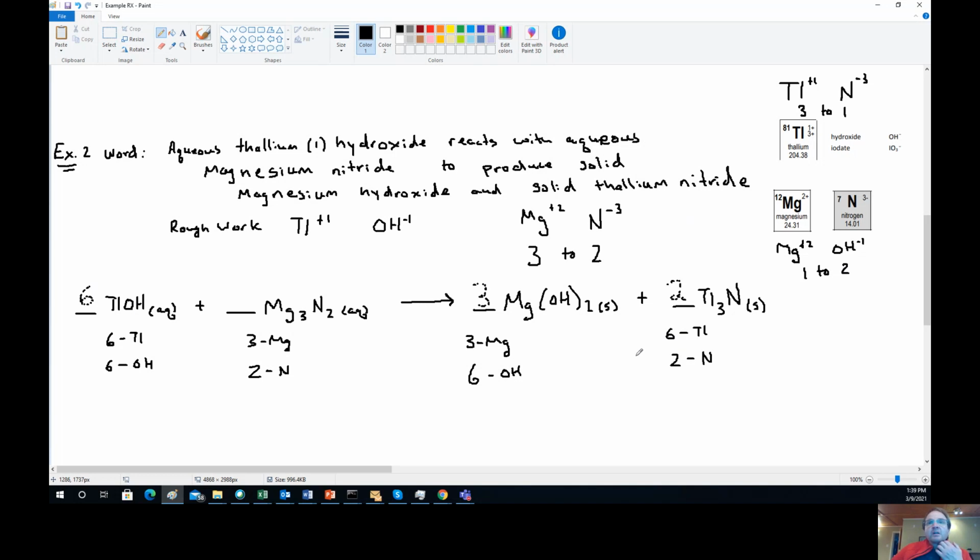It's looking good. It's all good. I'm going to outline it. 6 moles of thallium hydroxide, 1 mole of magnesium nitride will produce 3 moles of magnesium hydroxide and 2 moles of thallium nitride. Super, super cool.